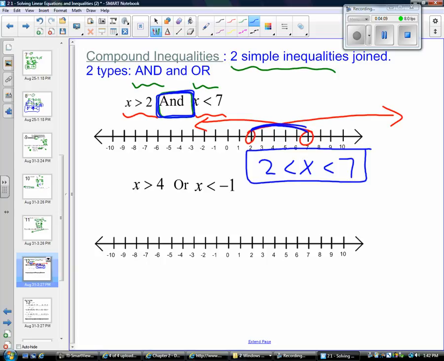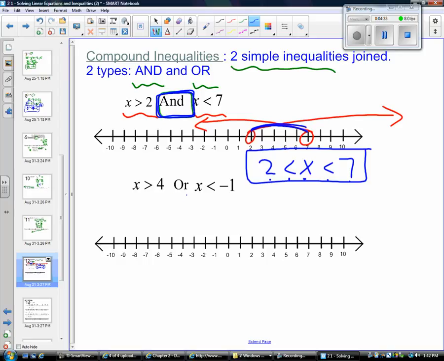So our final solution is all numbers between 2 and 7. So if we read this, we say x is greater than 2 and x is less than 7. So our final solution is taking those two simple inequalities and answering the question, where do they overlap? So our final answer is where one as well as the other inequality exist.